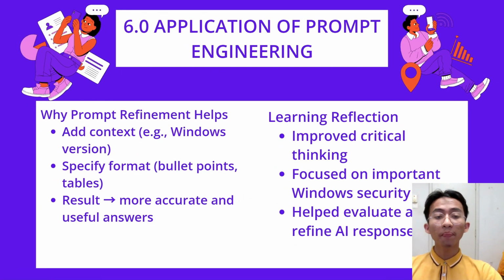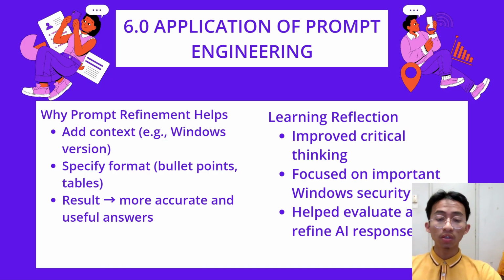Next, why does prompt refinement help? It is used to add more context, specifically the Windows version. We can also specify the format of the result that will be generated, such as in bullet points or tables.